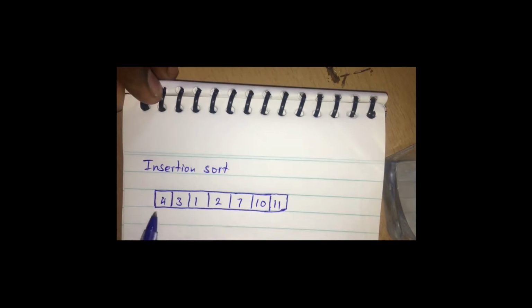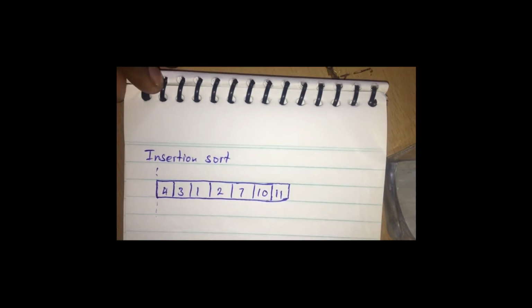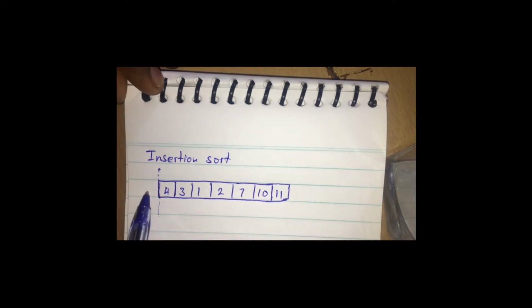For insertion sort, we are going to separate this list into a sorted list and an unsorted list. You get? So for the sorted list, we are going to move this imaginary line to the extreme end, the way I've drawn it. So this side is already sorted.